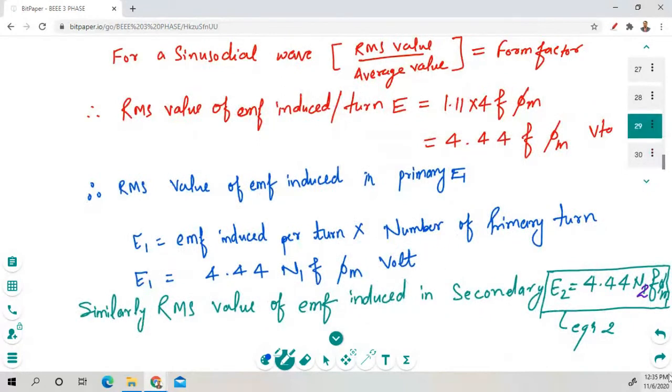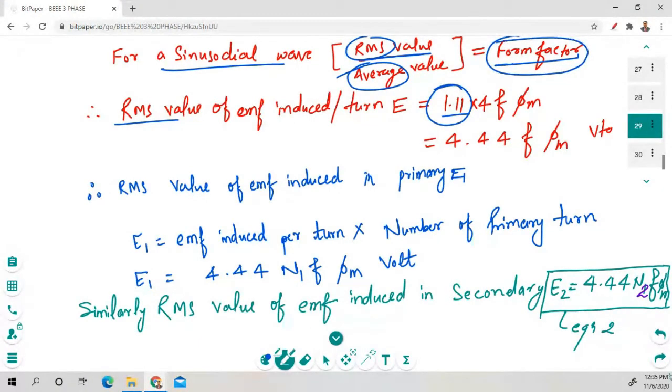Okay, so for this sinusoidal waveform, we know the ratio between the RMS value and the average value is equal to the form factor. So we can find the RMS value. This RMS value is equal to 1.11, and what is this 1.11? 1.11 is the form factor, multiplied by the average value.